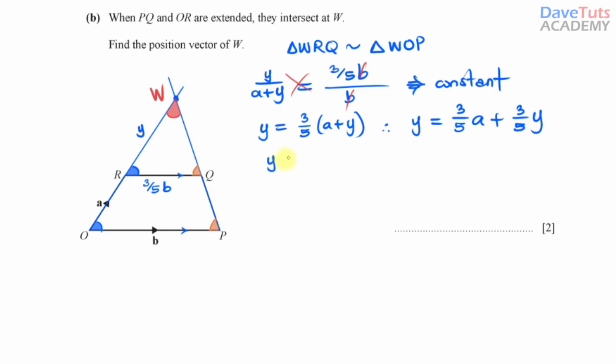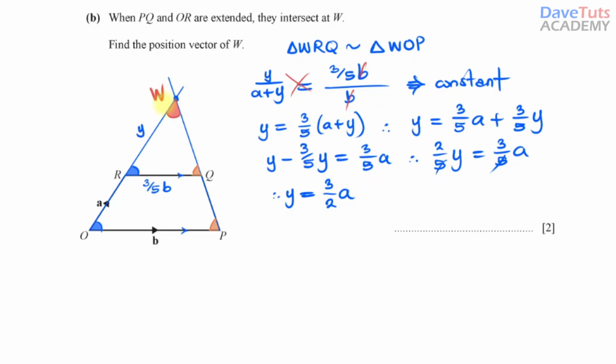Y minus 3 over 5Y is going to give me 3 over 5A, and that means that Y minus 3 over 5Y is 2 over 5Y. That's going to give me 3 over 5A, meaning that Y itself is going to be, this 5 is going to cut out, 3 over 2A.